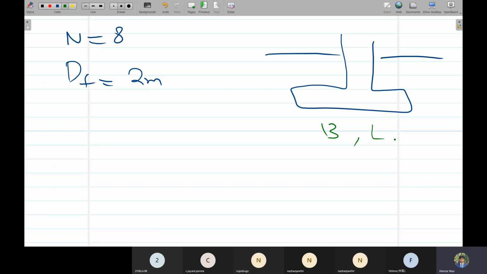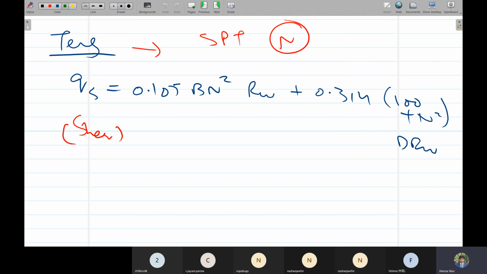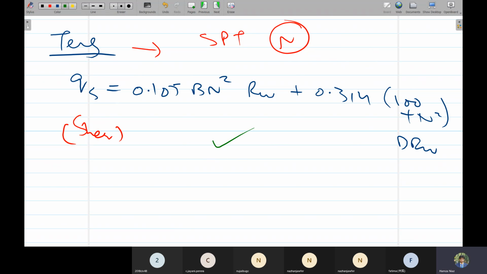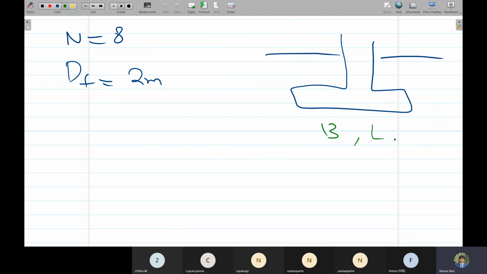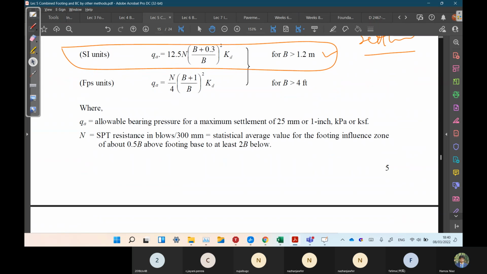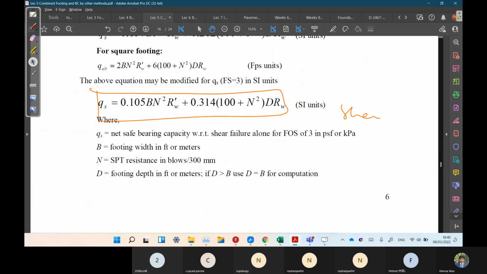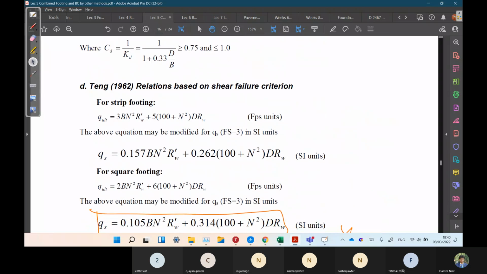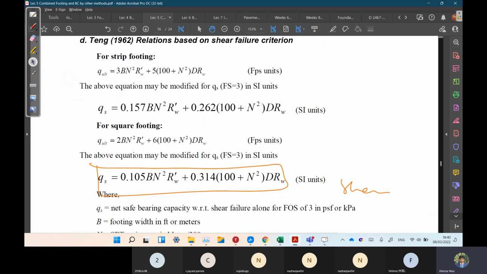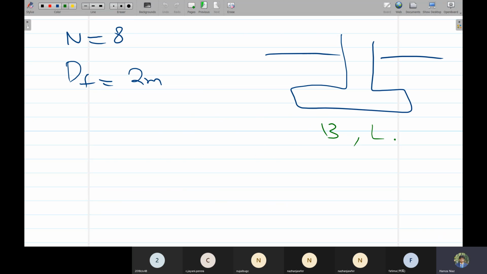So for this one, we are going to use both these equations. We are going to perform the shear failure check as well as the settlement check. Simply, if we see this, we do not know the B values, so we are going to perform trials again here.